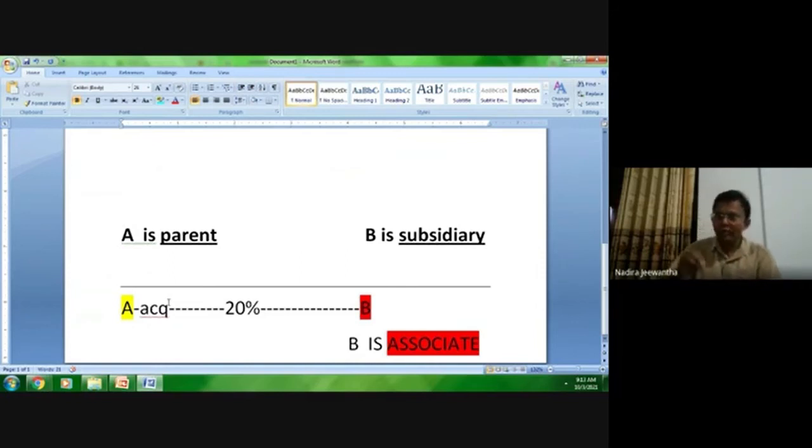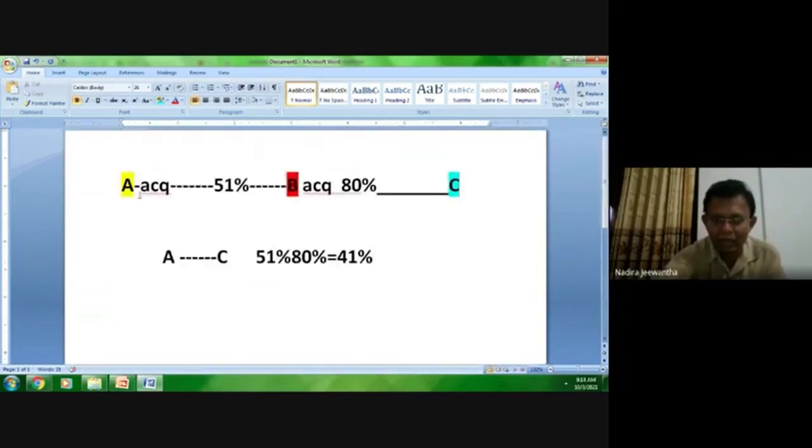So when you have an associate company, A has significant influence on C. Why? C is an associate company of A. Then what do you do? Of C's profit, 41% can be taken to A's account.